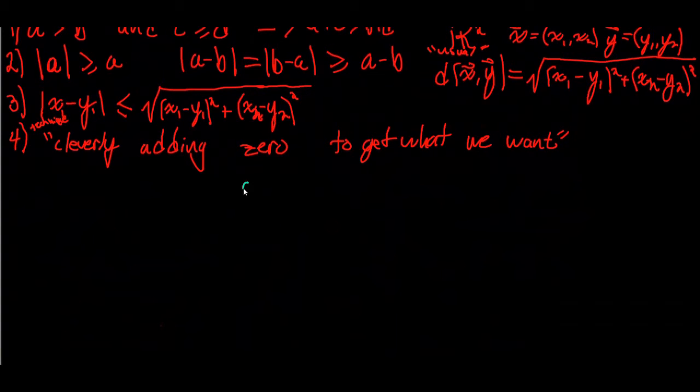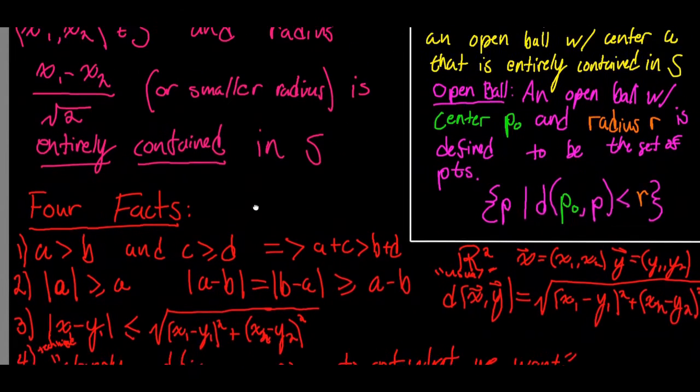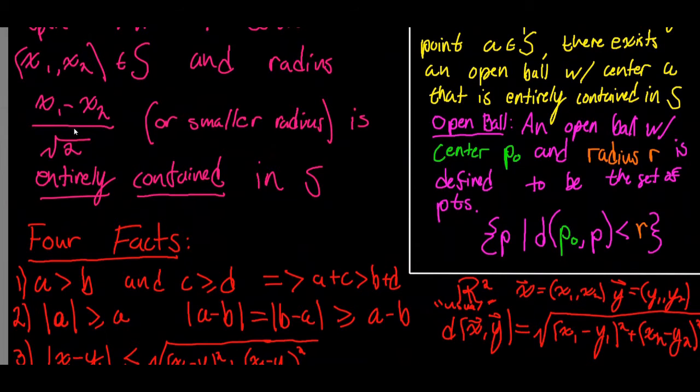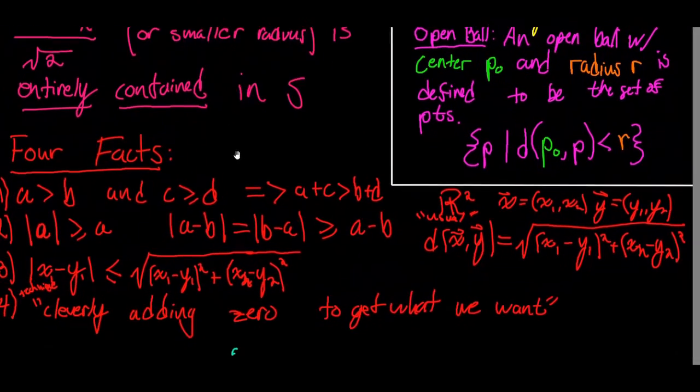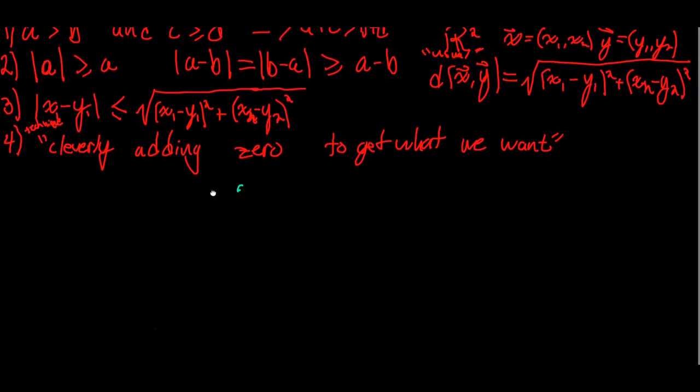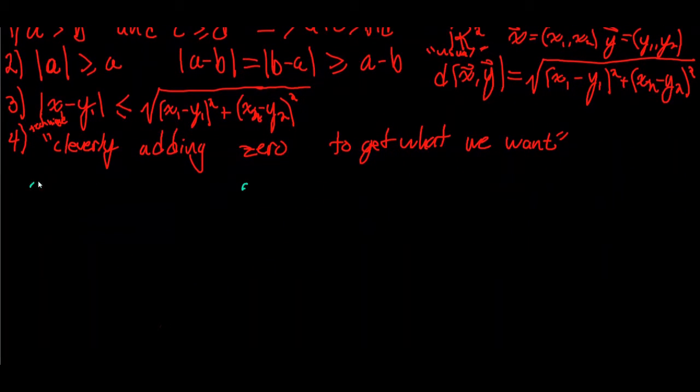So first of all, remember that I can choose any radius that's of this length or smaller. So I'm going to actually choose a smaller radius. We want to get rid of that square root of 2 on the bottom because that's a little cumbersome. Since 2 is strictly greater than the square root of 2, if I have two fractions with the same numerator and two different denominators, then the fraction with the bigger denominator is going to be smaller.